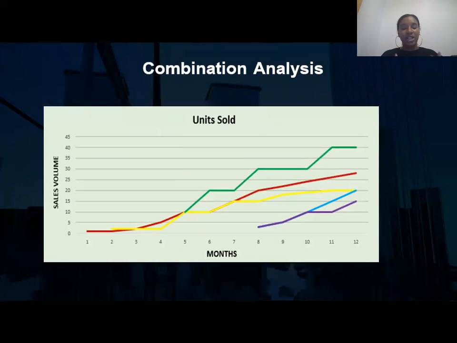If you are selling a combination of products and services, you might see a combination of trends on your forecast. So here we clearly have a stepped pattern, and here this blue one tends to be a trend pattern. You would want to look at distributing resources fairly if you've got a combination of products and services on your portfolio. You might want to say, when should I make the investment for this product?